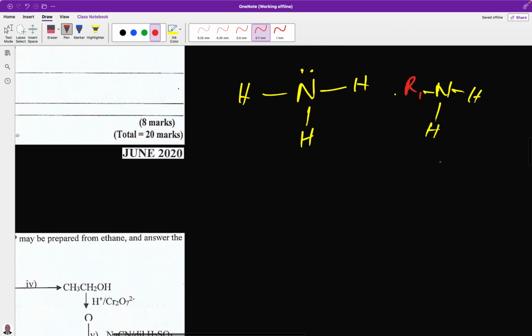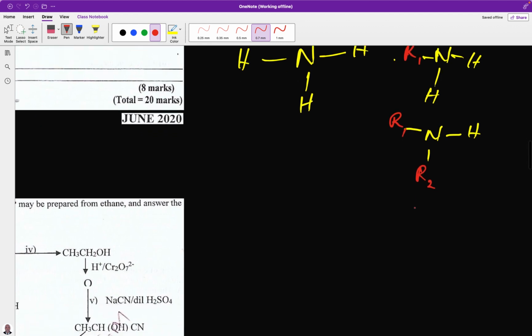If I substitute the next hydrogen on the ammonia, that is R1, then I substitute the next one by R2. Now this is a secondary amine.